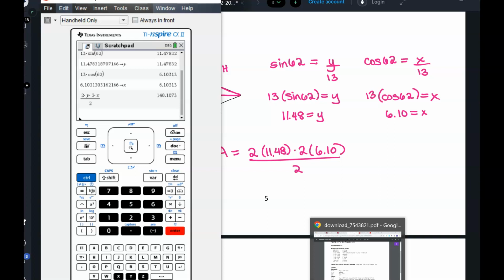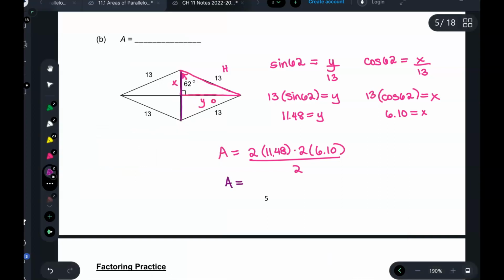If you're only working with one value, you could just use the control negative sign to get the answer. But when I have two things I'm working with, it's control and then variable. So we get 140.11. That's on one side.